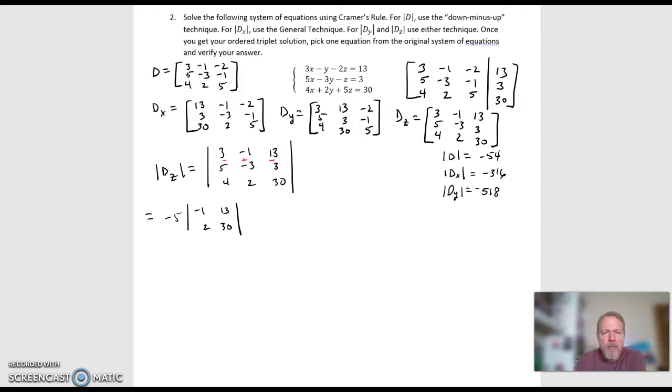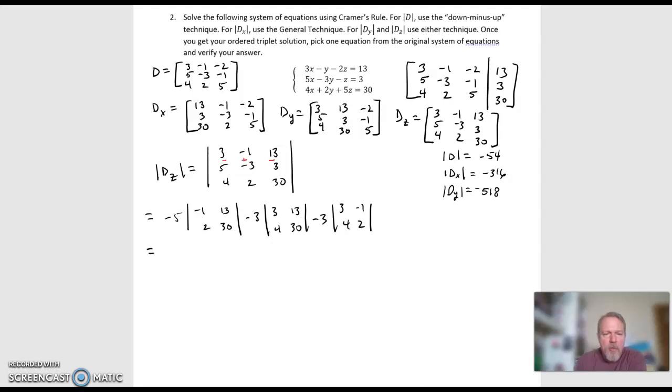We'll do that determinant in a moment. Plus a minus 3 is a minus 3 times the determinant of, cover up the column and the row, it leaves 3, 13, 4, 30. And then minus a 3 is minus 3 times the determinant of, cover up the column and the row, it leaves 3, negative 1, 4, 2.